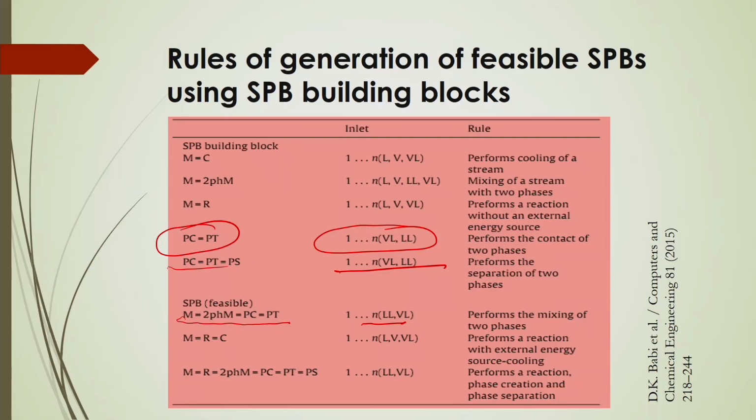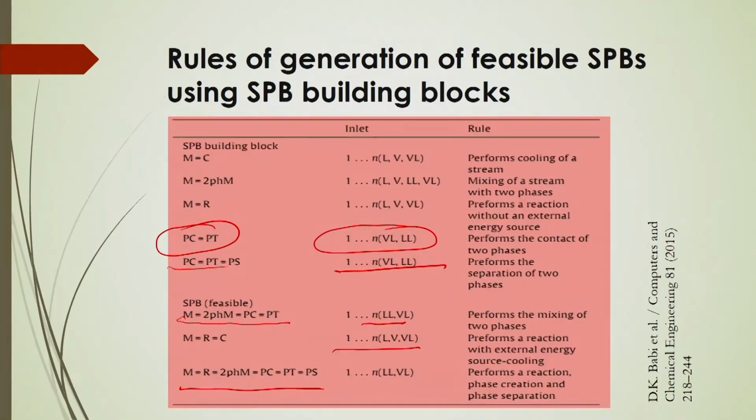And if you are considering feasible simultaneous phenomena based building blocks for this mixing, reaction and cooling, then you can consider here again liquid, vapor and vapor liquid as streams as an inlet of 1 to n, and in that case it performs as a reaction with external energy source, that is called cooling.